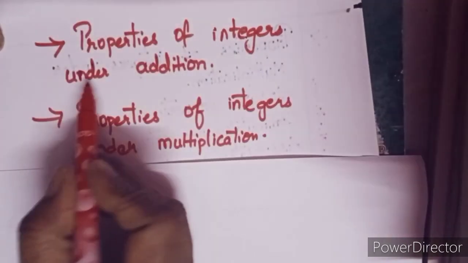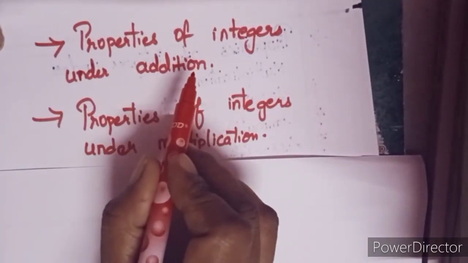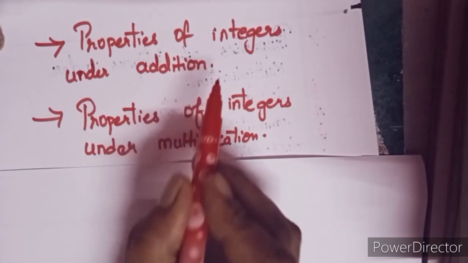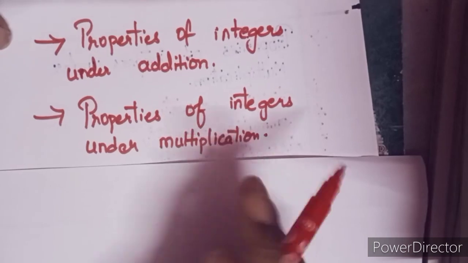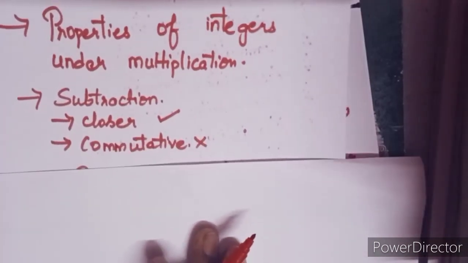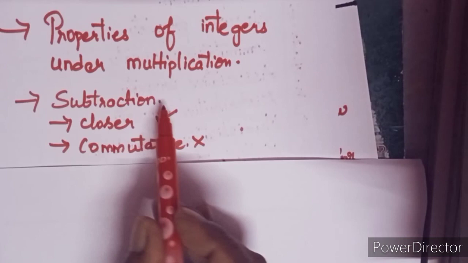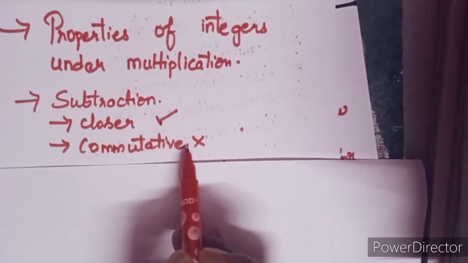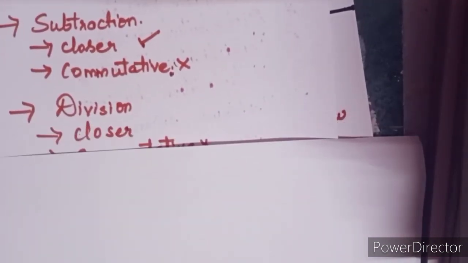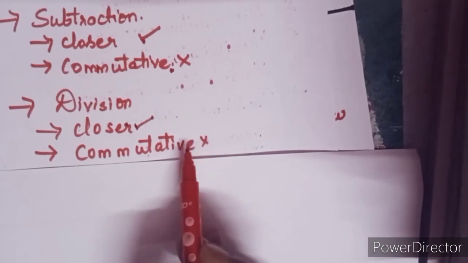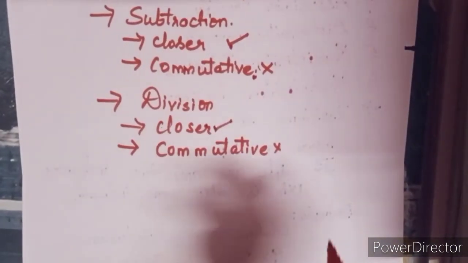So children, till now we have learned the properties of integers under addition: all the properties, closure, commutative, associative, distributive. Next, properties of integers under multiplication we learned. And next, subtraction. Under subtraction of integers, the closure property is satisfied, whereas the commutative property is not satisfied, children. In division also, closure is satisfied, whereas commutative is not satisfied, children.